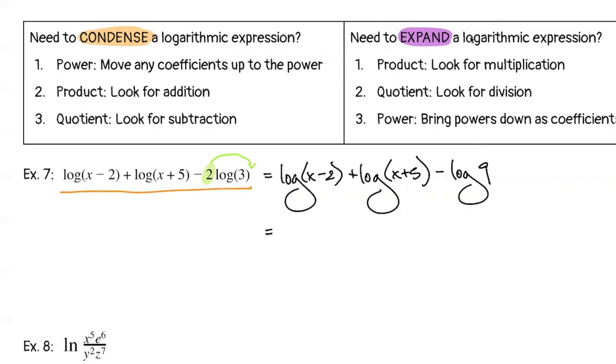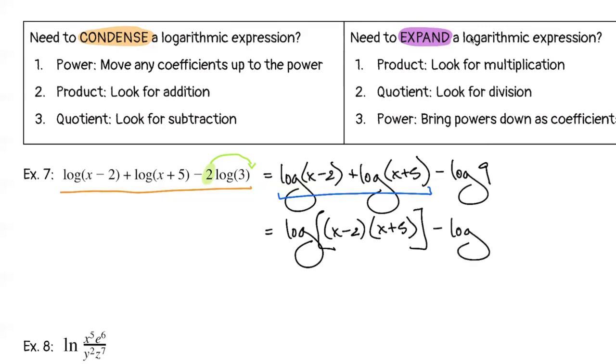Where do we see that? Those two terms. If I want to use the product property, what is that expression going to look like? We're going to have a single log of x minus 2 times x plus 5.